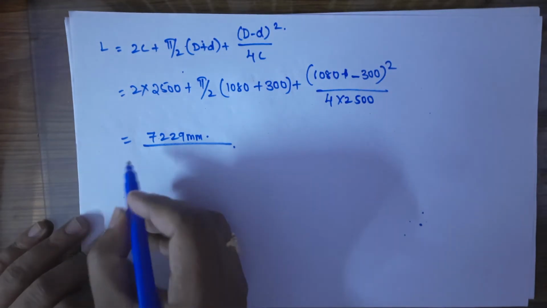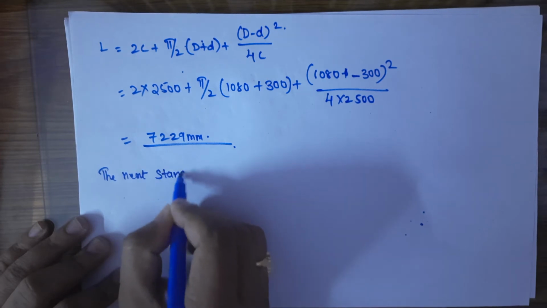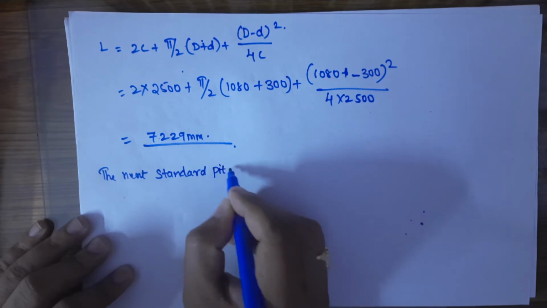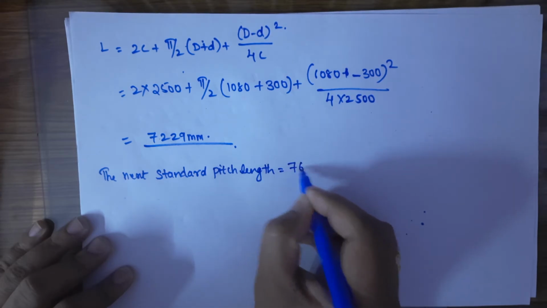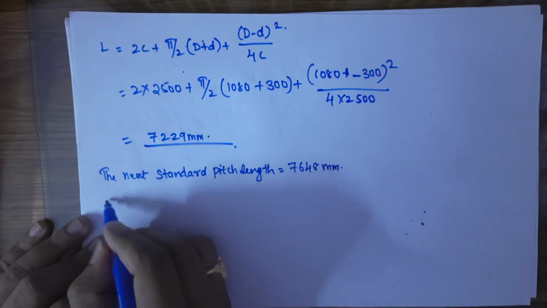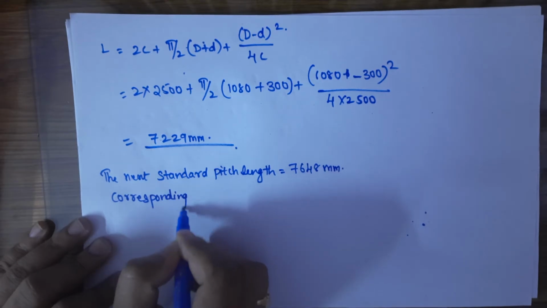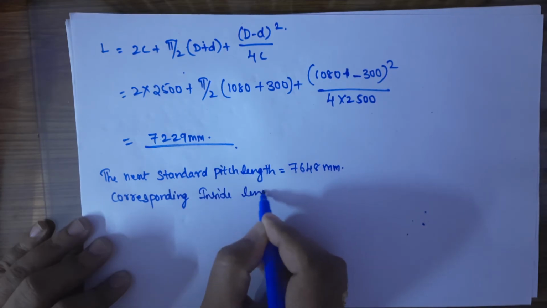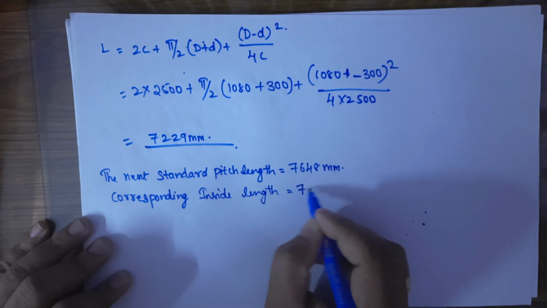So see here, the next standard pitch length is equal to 7648 mm, corresponding inside length that I have got is 7569.